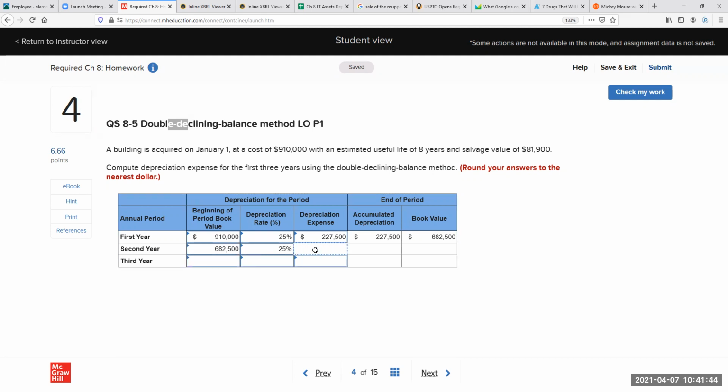So 682.5 times 0.25 is 170,625. So add this plus this, 227 plus that, and you've recovered 398 after 2 years. The book value is 682 minus this depreciation expense, so now you're down to 511. So the third year, what's the book value? What's your rate?